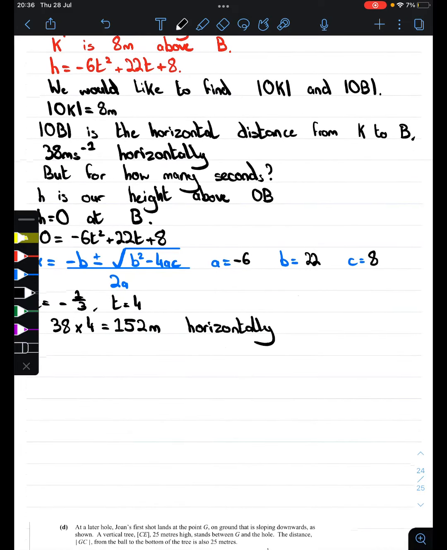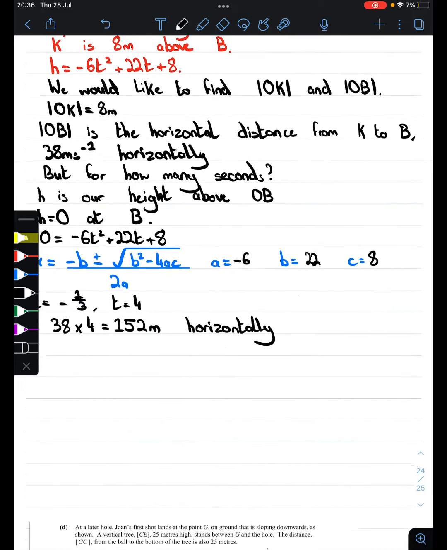Now on to part D. At a later hole, Jones' first shot lands at G on a ground that is sloping downwards, as shown.